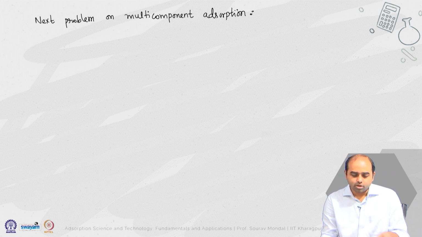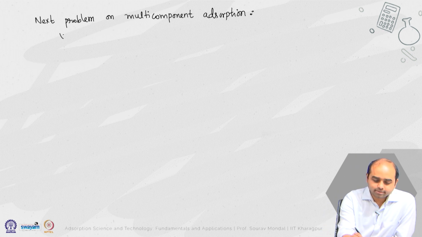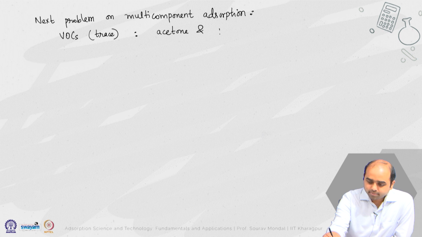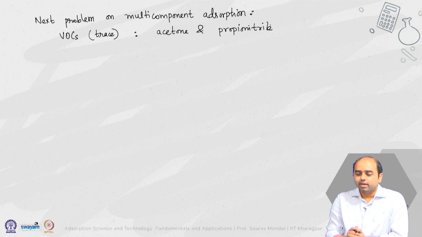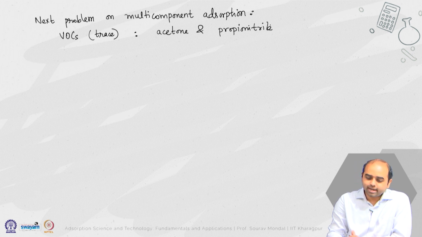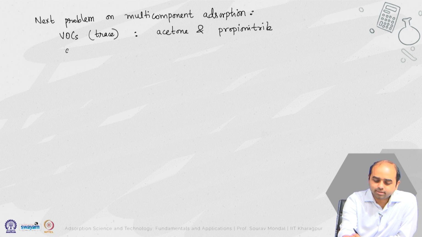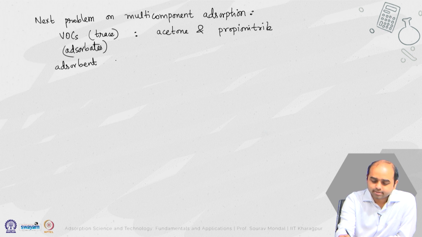So two volatile organic matters which are present in trace amount, acetone and propionitrile, are present in an aqueous stream, and they are to be removed using activated carbon. So these are the adsorbates, and the adsorbent is activated carbon.